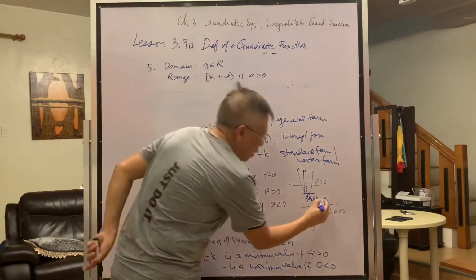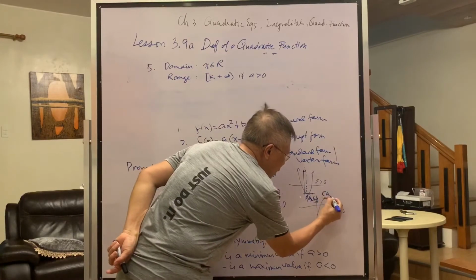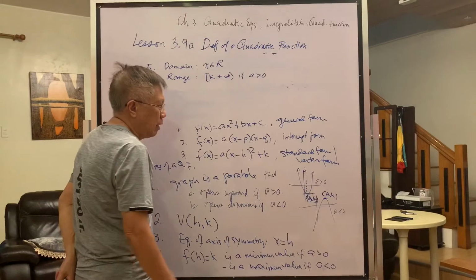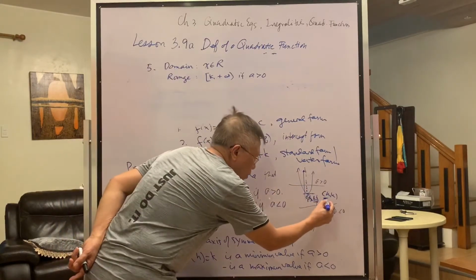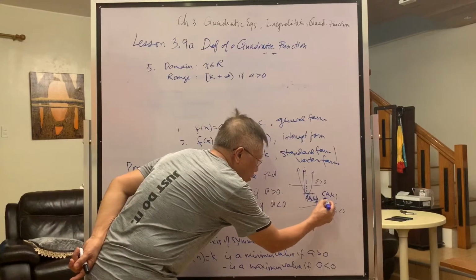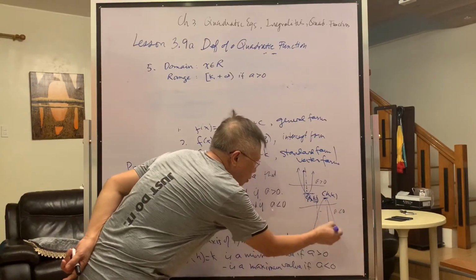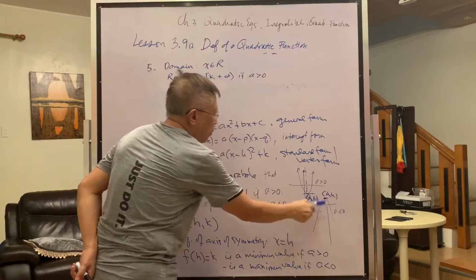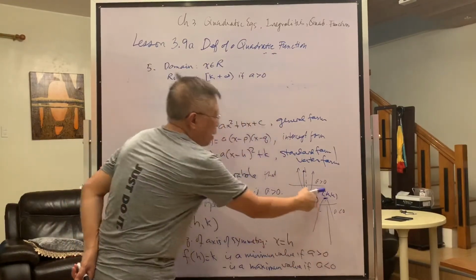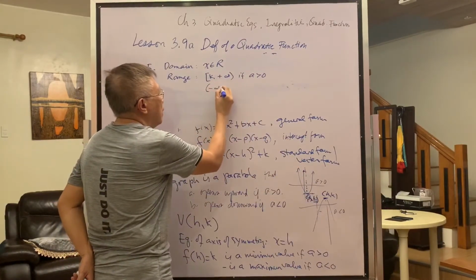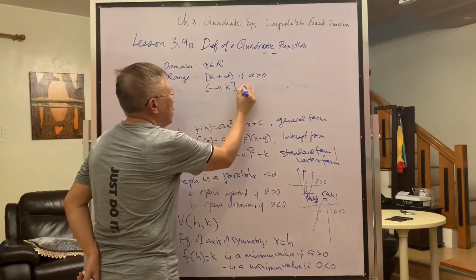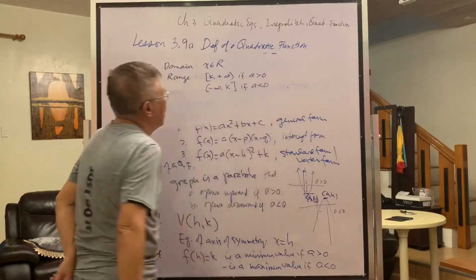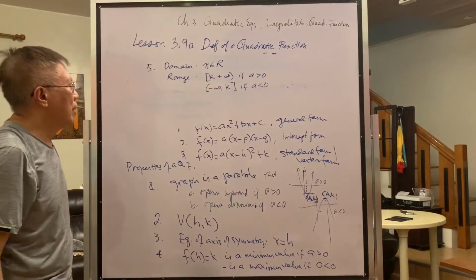However, with this case here, h, k will be the highest point, then the projection of your graph will just be found going down. So our range for this one will be starting from negative infinity up to k. So negative infinity up to k. That is if a is negative.